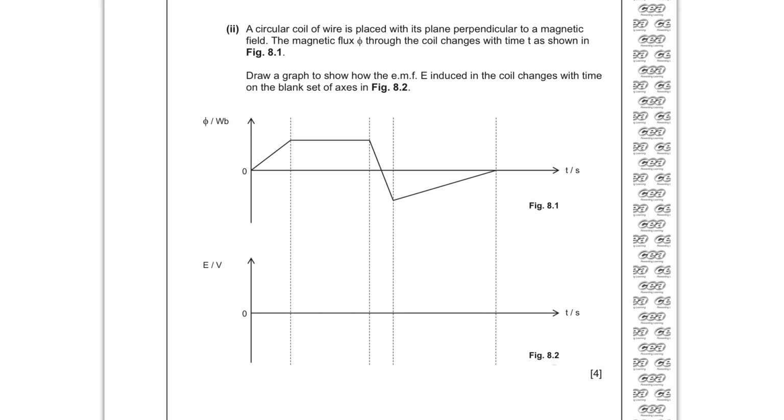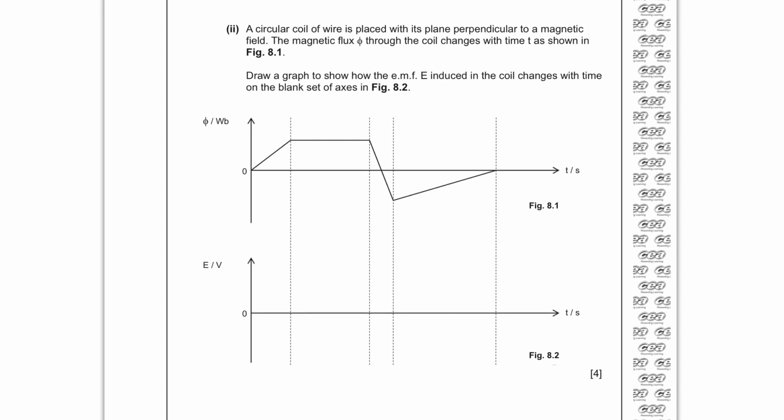So, we've got two things going on here. We've got the size of the EMF, and then we've got Lenz's law giving us the direction of the EMF. The EMF is the rate of change of flux linkage, so it will be related to the gradient of this first graph, but it will be the negative of the gradient.